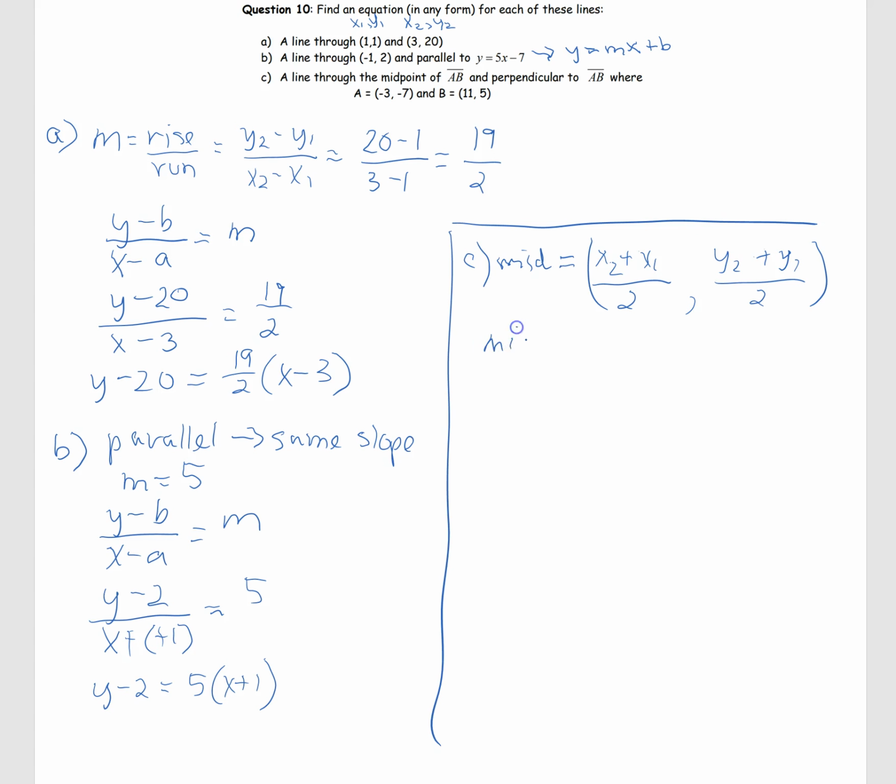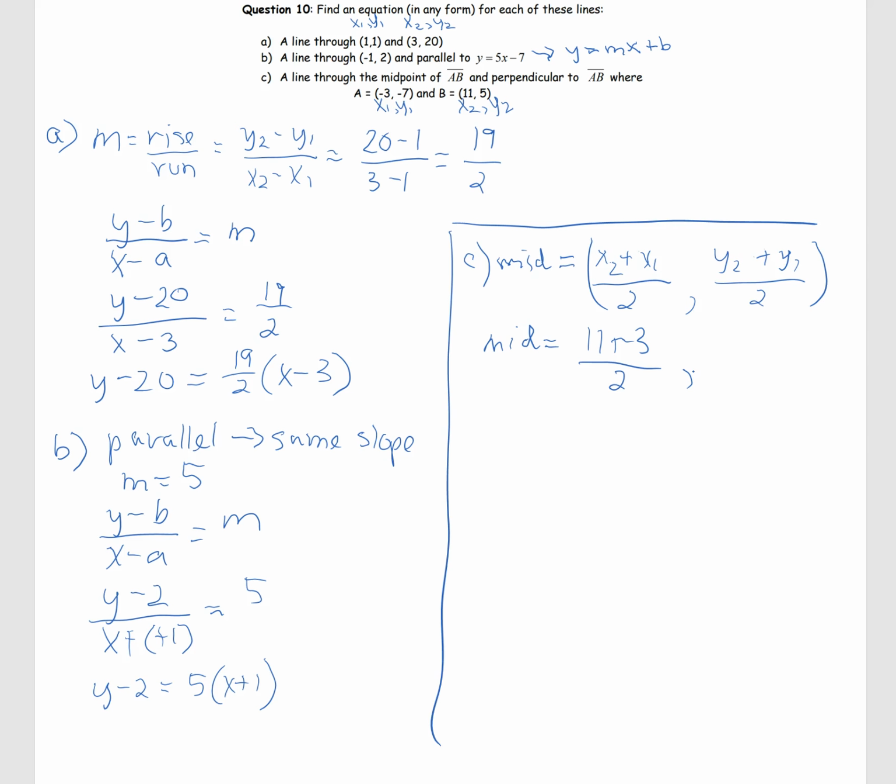If we plug in, I'm going to say that A is x1 and y1, and B is x2 and y2. This gives me (11 plus -3) over 2. Sorry, that's really messy.